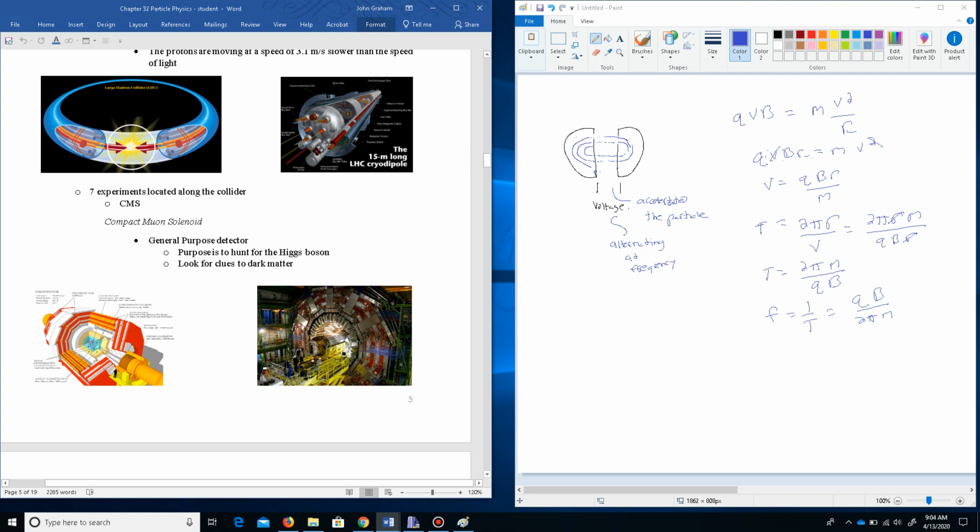And then it looks for clues to dark matter. So this is kind of an overall picture of that kind of machine that they use to do this experiment. And then this is kind of a little diagram sketch of it.